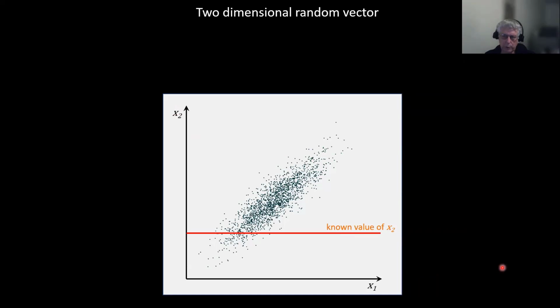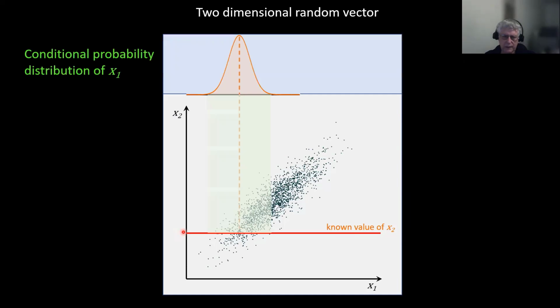Firstly, let's explore what it means by the fact that this cloud is not oriented parallel to x1 or parallel to x2. Suppose I acquire the value of x2. Suddenly, I know something about x1. Now, I don't know its value because x1 is still random, but I know something more about it than what I used to know.